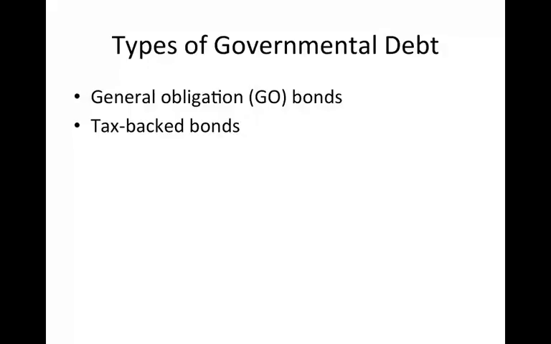When you have that kind of secondary or backup revenue source that's available, those bonds are often referred to as double barrel bonds, referring to the primary and then the secondary revenue sources that are available to repay that debt.